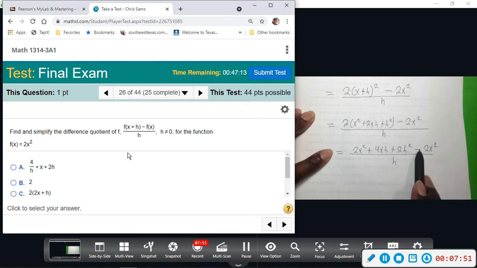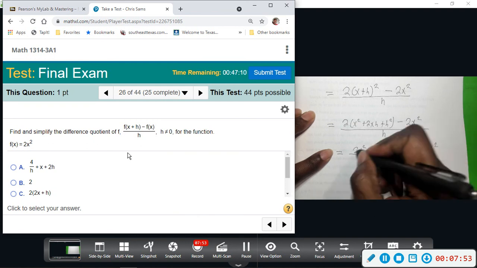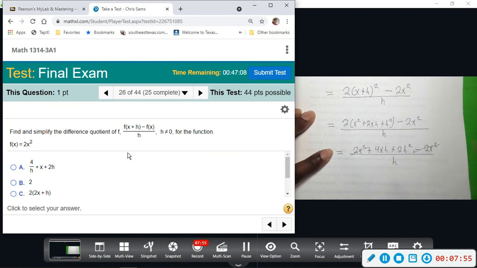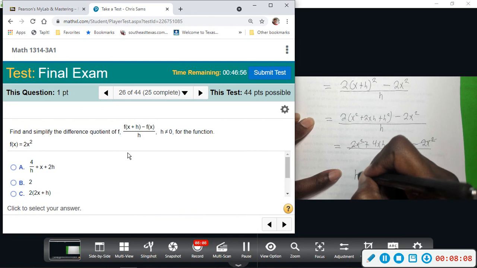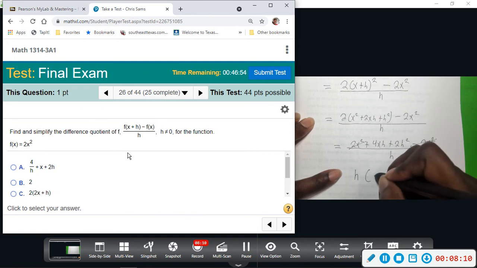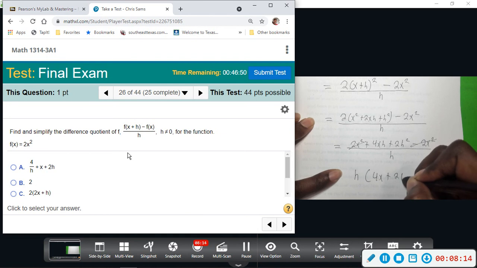So on the top, minus 2x squared plus 2x squared will cancel out, and we're left with 4xh plus 2h squared. And from this point, we can factor an h out of both of those. So if we do that, we would have an h out here. That would leave me with 4x plus 2h over h.